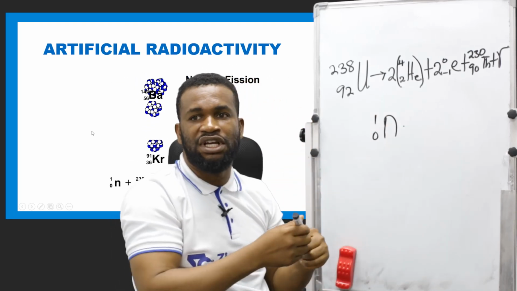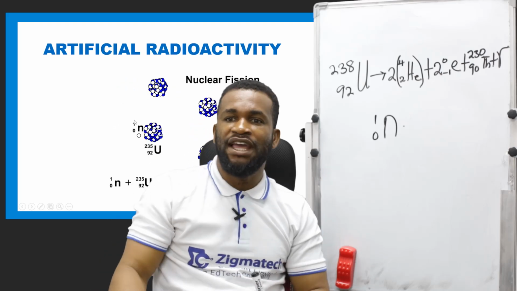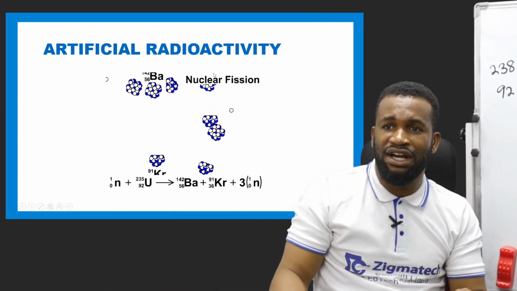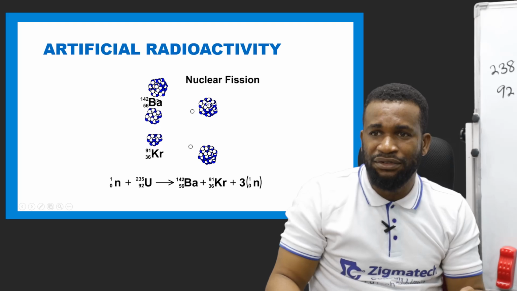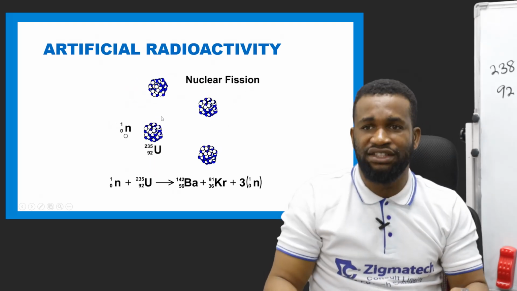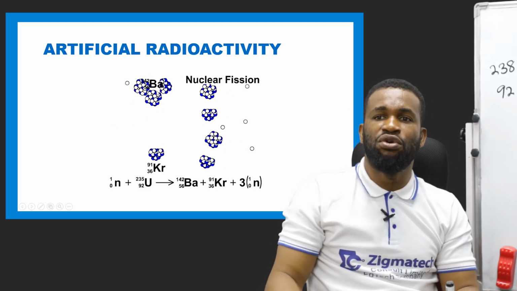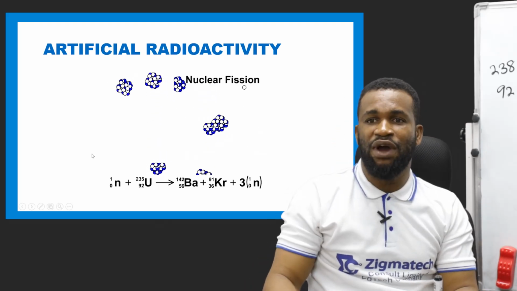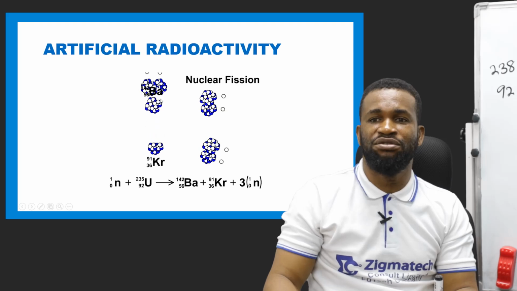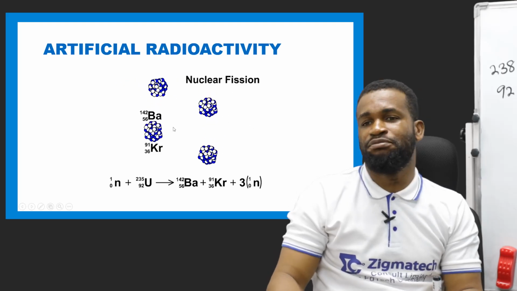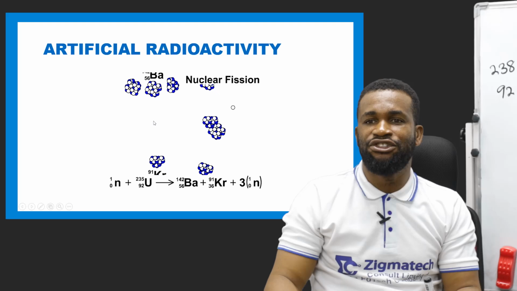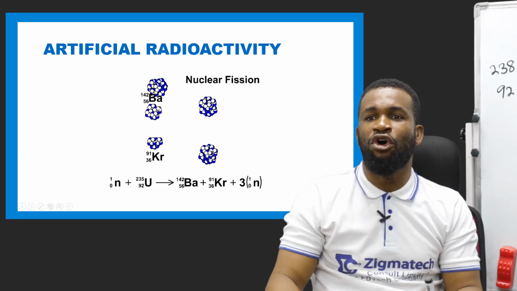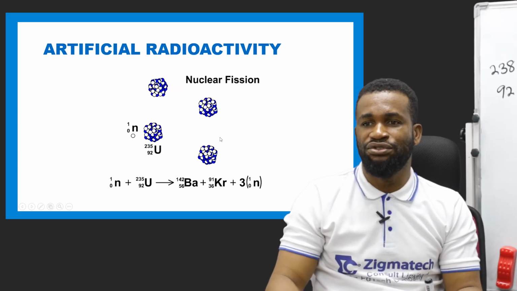Each time it hits any element, be it a natural radioactive substance or a non-radioactive substance, it will surely go into disintegration. And it's very, very effective in doing it. As you can see on this video, it hits this uranium and many other kinds were produced in the process.